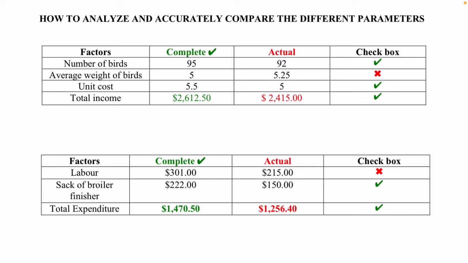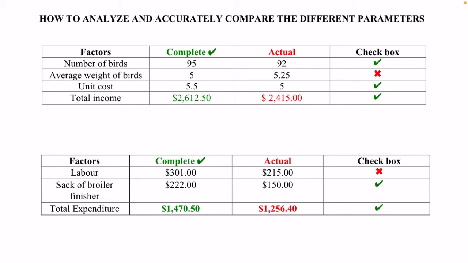So let's take a look at the comparison between the complete budget income and the actual income. It is important to note that there are a few factors that influence the total income. 1, the number of birds. 2, the average weight of birds. And 3, the unit cost.